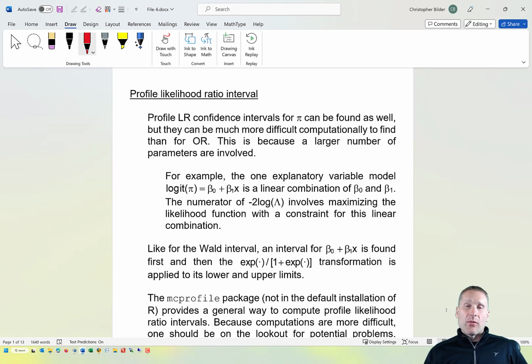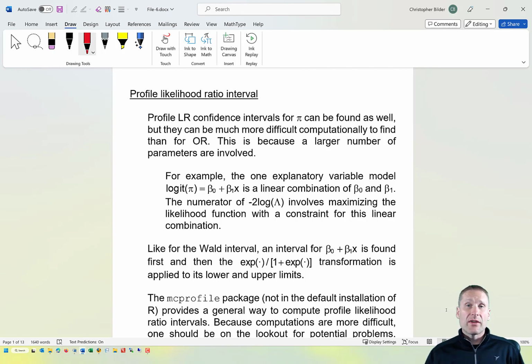Now, since I am working with this beta 0 plus beta 1 times x1 plus beta 2 times x2 plus all the way down to the pth explanatory variable, the computational process actually becomes much more complicated. In fact, there can be situations where we're going to have to use an iterative numerical procedure to do these computations.